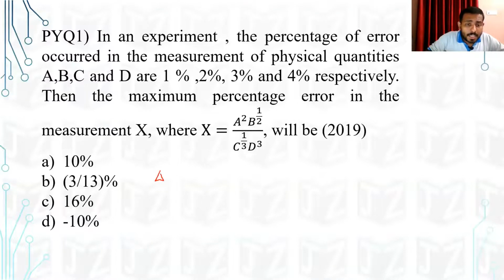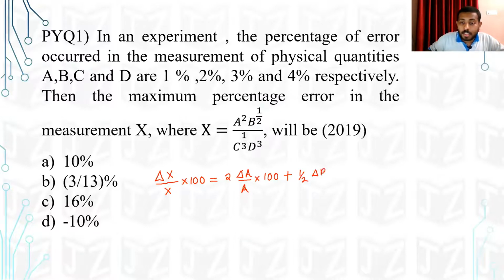So the percentage error in X, that is given by the relative error in X multiplied by 100, is equal to, and we know that when a quantity is raised to a power, we write 2 multiplied by the relative error in A. We need the percentage error, so we multiply it by 100, plus 1 by 2 into delta B by B multiplied by 100 plus.